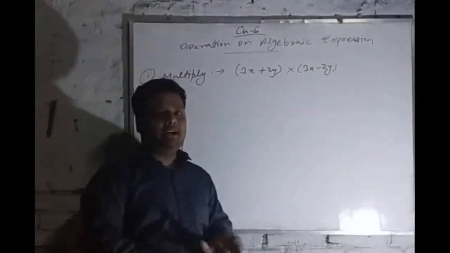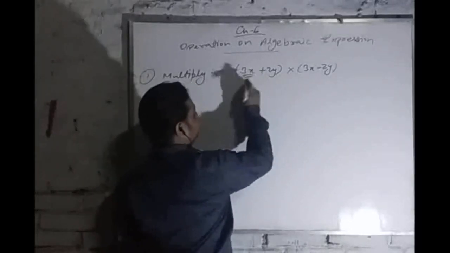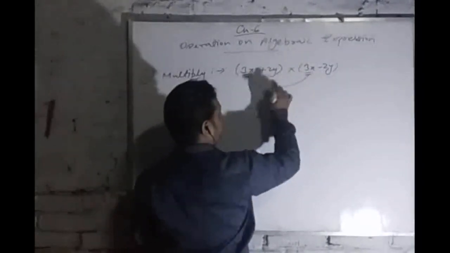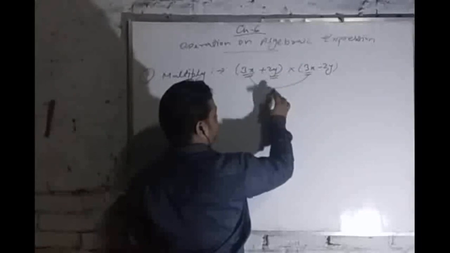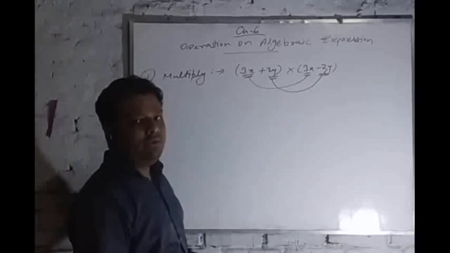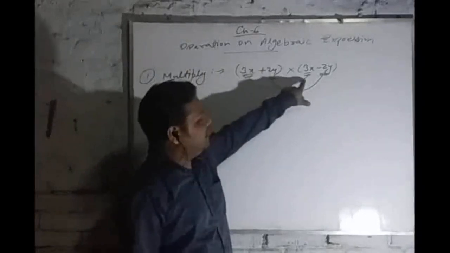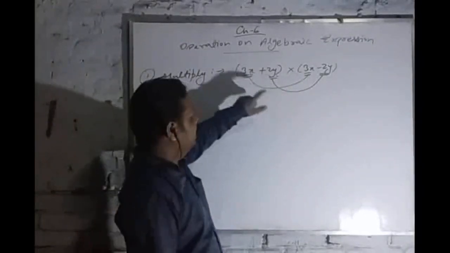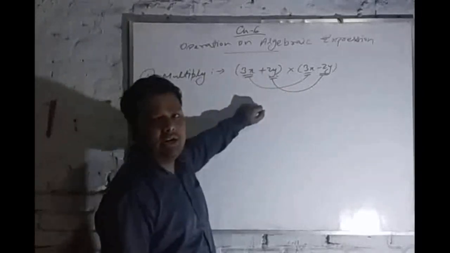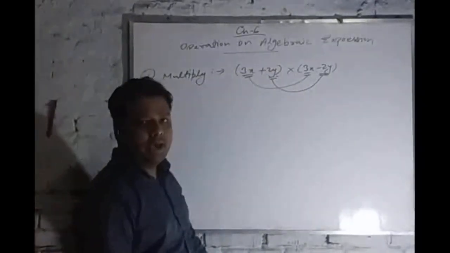We will use identities if the first term of the first expression and the first term of the second expression match, and the second term of the first expression and the second term of the second expression match, then we will use the identity. If the first one is matching but the second one is not matching, or if the first one is not matching but the second one is matching, then we will not use those identities. It is necessary to see that both terms are matching.